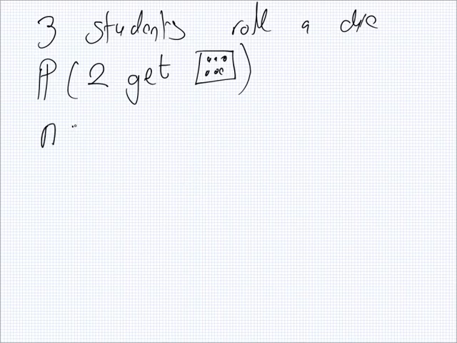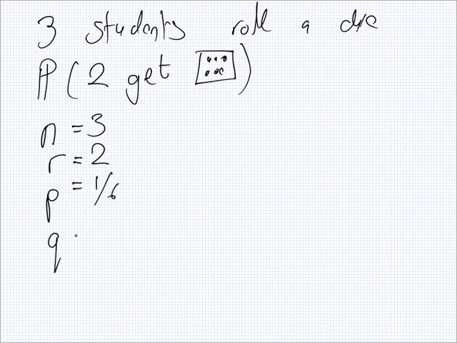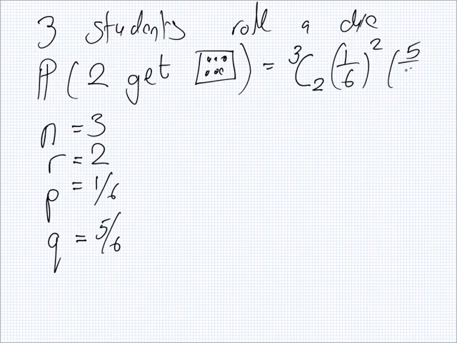N is how many students, so what's N here? 3. R is how many successes I want. How many successes do I want here? 2. P is the probability of 1 success. What's the probability of getting a 6? 1 over 6. And Q is the probability of 1 failure. What's that? 5 over 6. So this one here, it would be 3C2, 1 over 6 power 2, 5 over 6 power 1. So let's have a look at that.